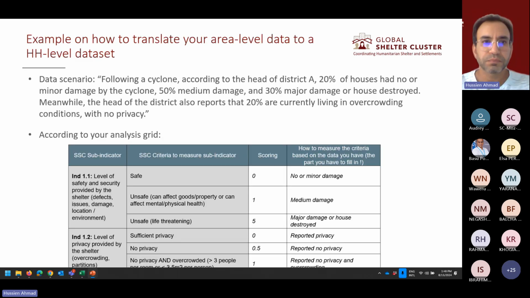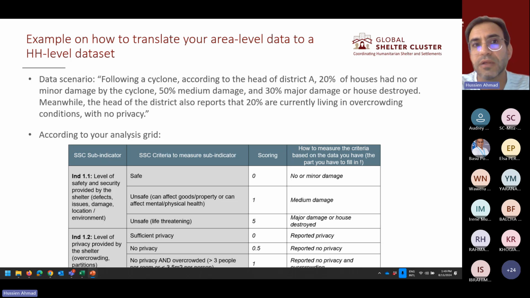So basically, this is a scenario. Following a cyclone, according to the head of a district, 20% of houses had no or minor damage from the cyclone, 50% medium damage, and 30% major damage or house destroyed. Meanwhile, the head of the district also reported that 20% are currently living in overcrowding conditions with no privacy.